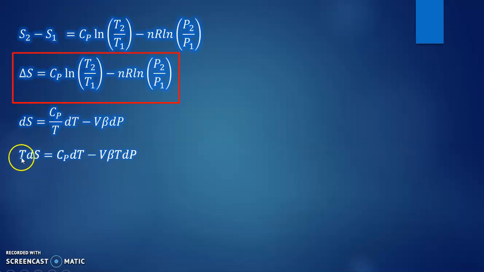Or we can rewrite this expression like delta Q. Remember that this expression is the same as writing delta Q. And this is the other expression that we were looking for.